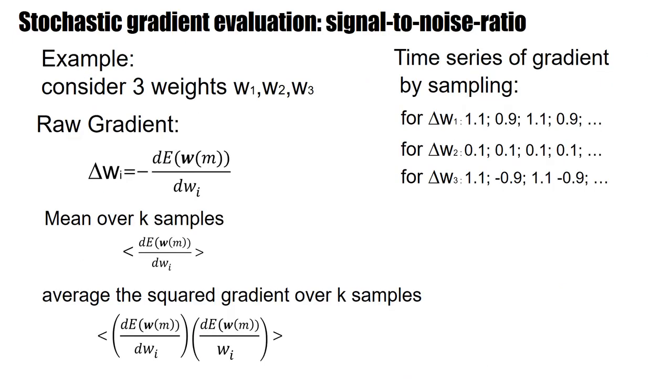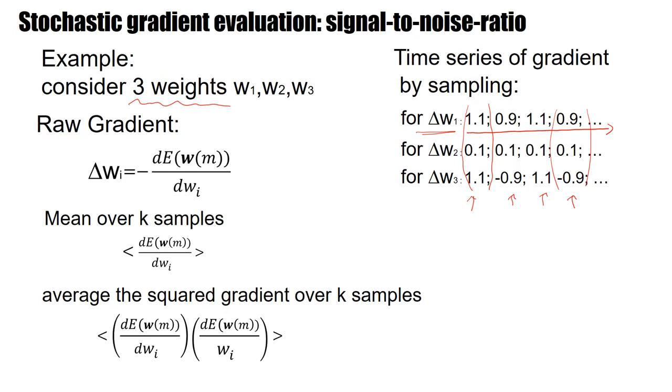Before I discuss the three algorithms in detail, let us consider a very simple example where we have only three weights with simple indices 1, 2, and 3. So then we calculate the updates, and we find that in the first time step, we would have this vector of updates, in the second time step this one here, and in the fourth time step this one here. Maybe it's more interesting to follow this as a function of time, and then we see 1.1, 0.9, 1.1, 0.9.